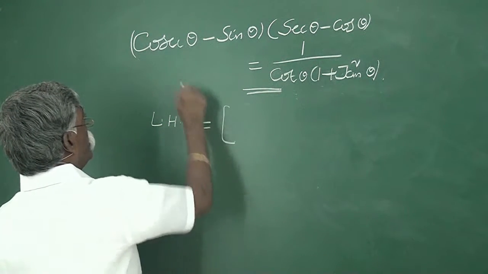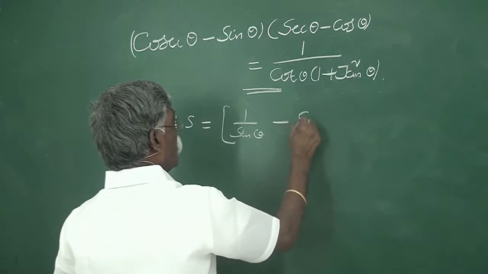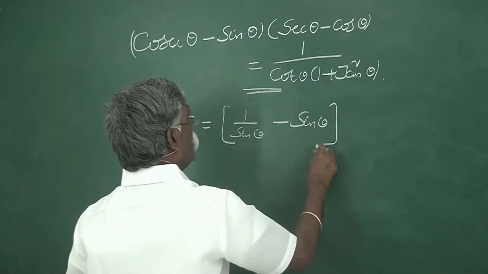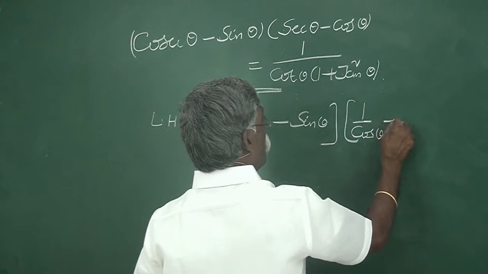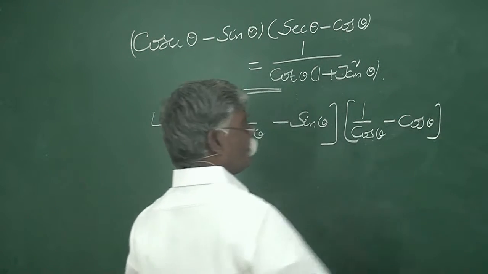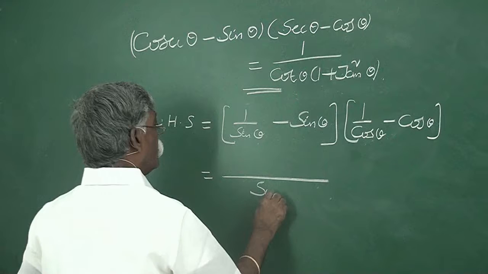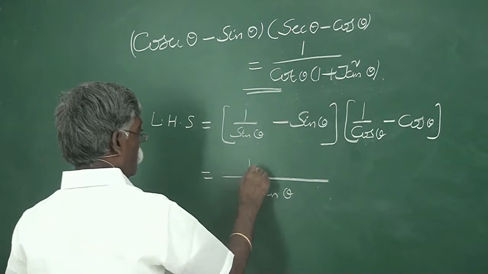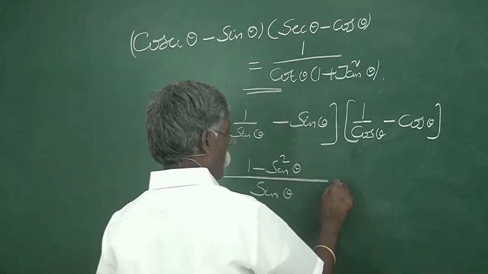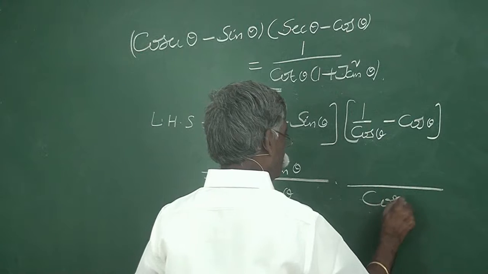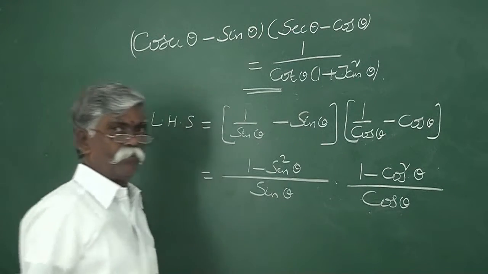is equal to cosecant can be written as 1 by sin theta minus this is sin theta. Here this is 1 by cos theta minus this is cos theta. So here the LCM is sin theta. Numerator becomes 1 minus sin square theta. Here the LCM is cos theta and the numerator is 1 minus cos square theta.